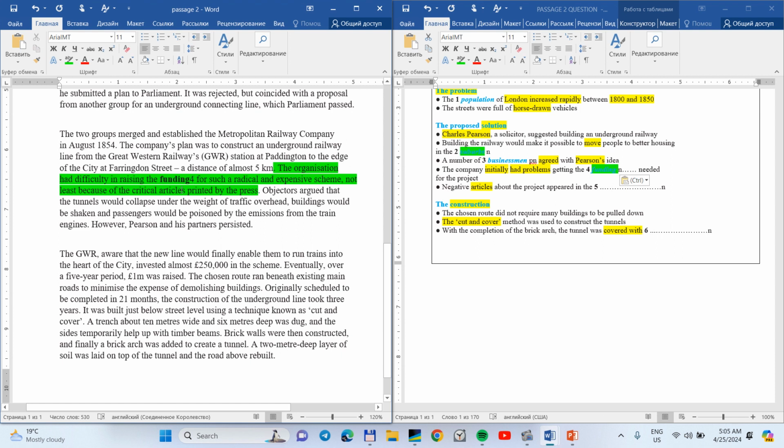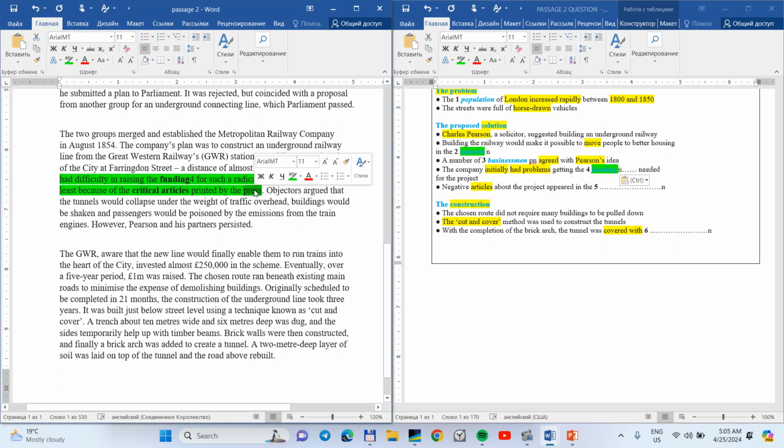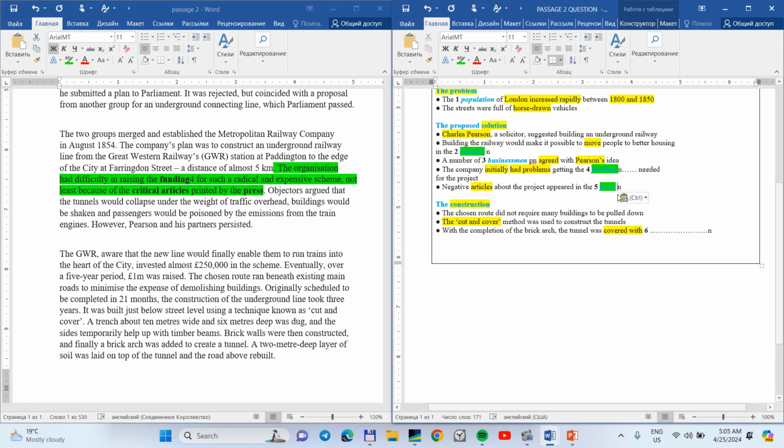And because of the critical articles printed by the press, negative articles means critical articles, guys. Printed means appeared in the press. Answers are in order here. So question number 6 is press.